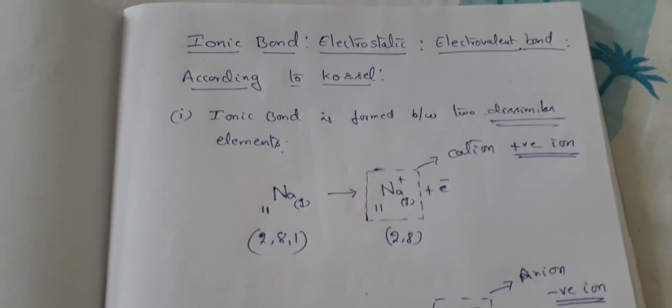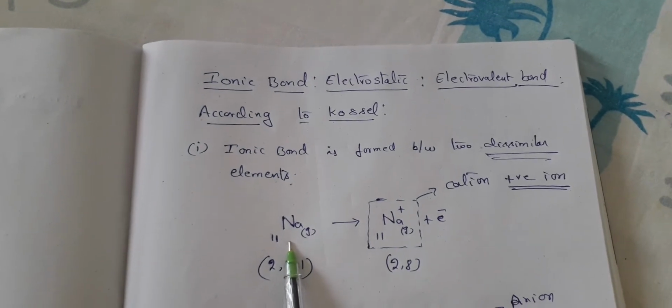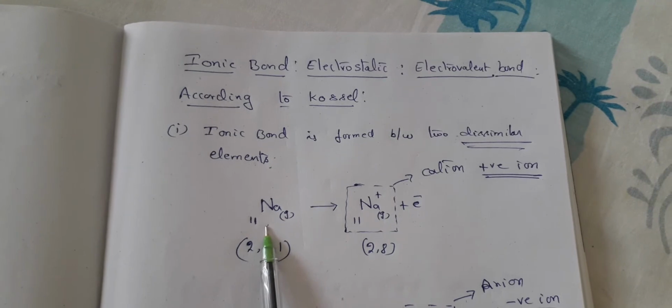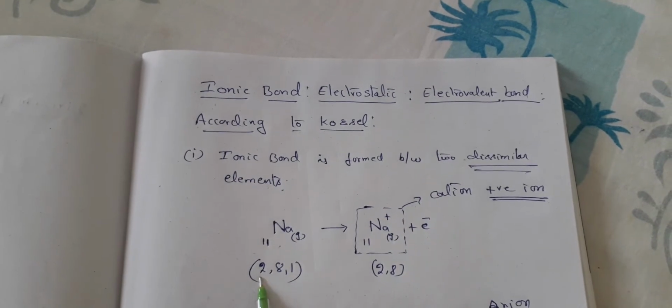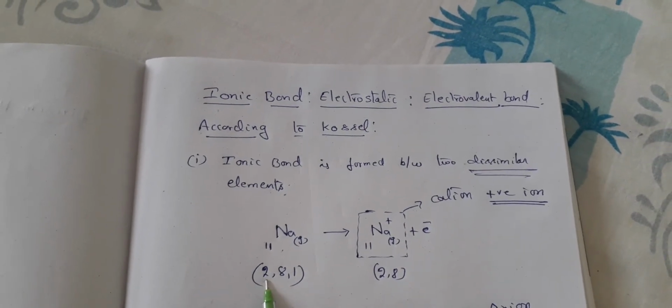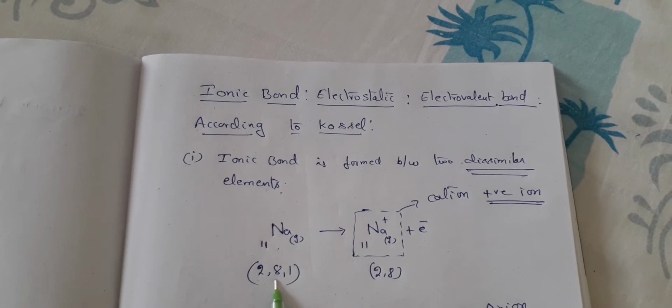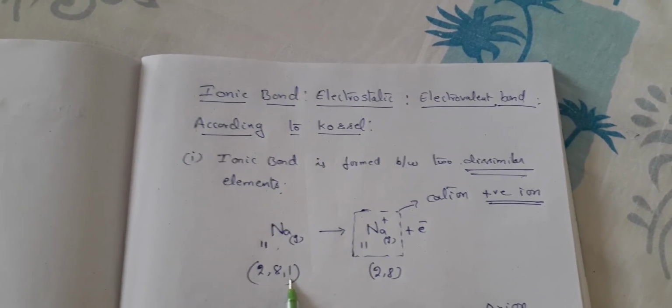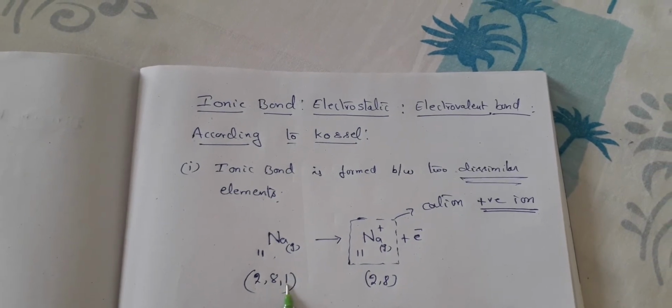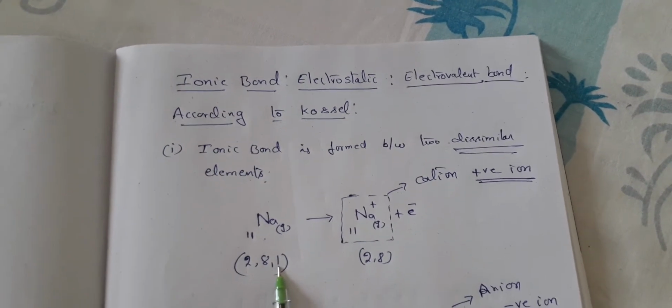Now let us see a particular example of how this is formed. Let us take Na, that is sodium, an element from the alkali metals, whose electronic configuration is 1s2, 2s2, 2p6, 3s1. That is first shell 2, second shell 8 and third shell 1, where the valence electron is the one electron in the third shell.